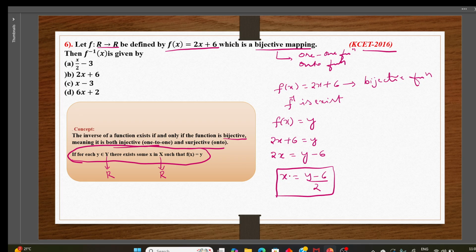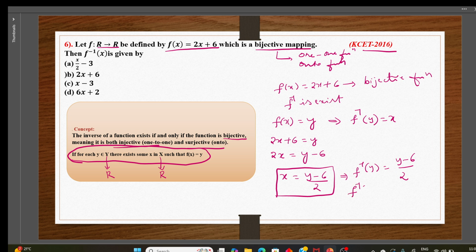But here we need to find f inverse. From the equation f of x equals y, f inverse of y equals x. So in place of x, write f inverse of y. F inverse of y equals (y minus 6) by 2.